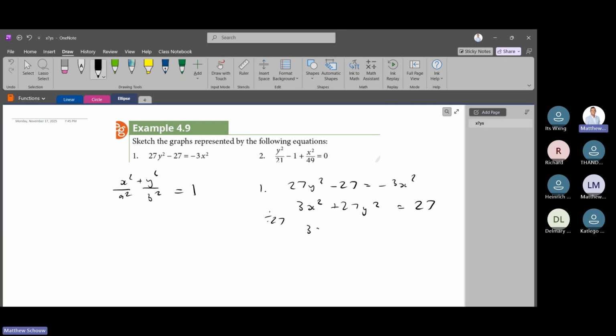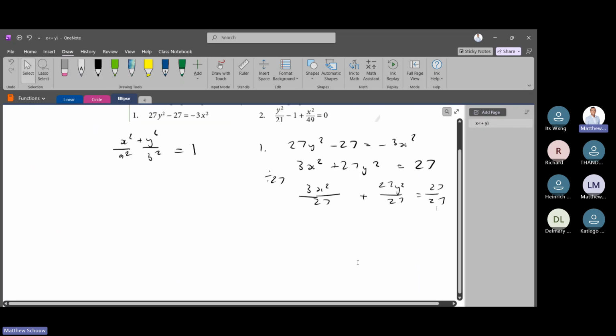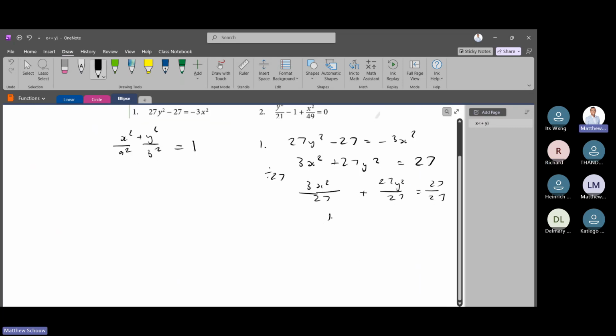It'll be 3x squared divided by 27, plus 27y squared divided by 27, equals 27 divided by 27. You want to get a 1 here, basically. You're going to get x squared over 9, which will be an intercept, as you can see, plus y squared over 1, equals 1.